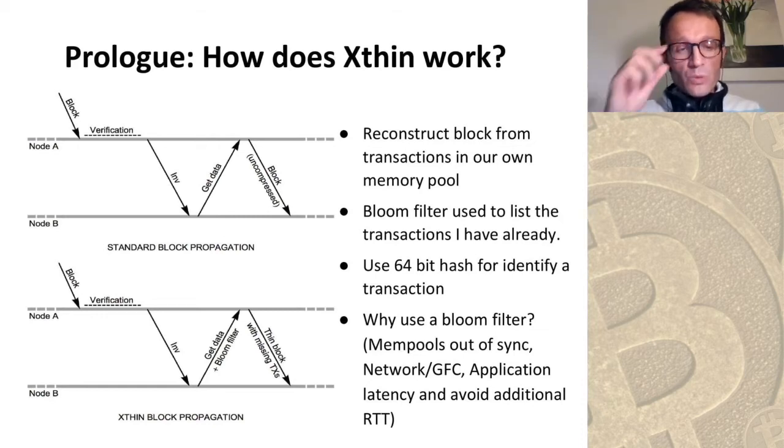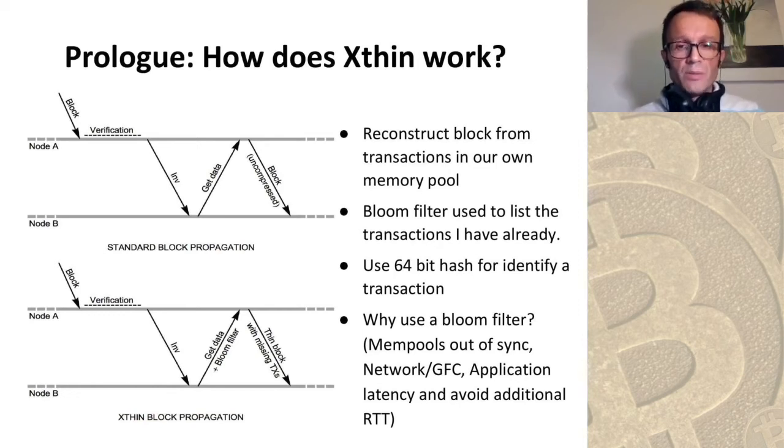And we use a compact representation of a transaction, a 64-bit hash for each transaction, and we tell the node that announced the block what transactions we already have in our mempool using a Bloom filter that contains the list of these transactions in the representation that I have already explained.